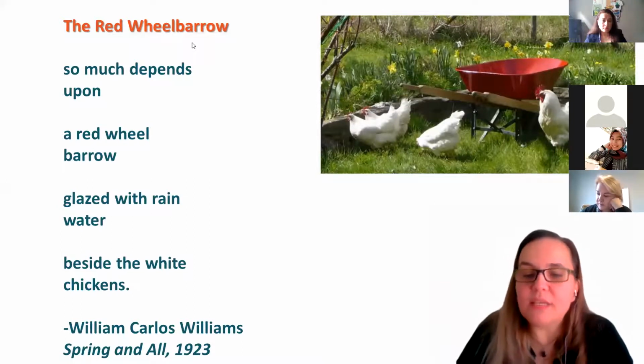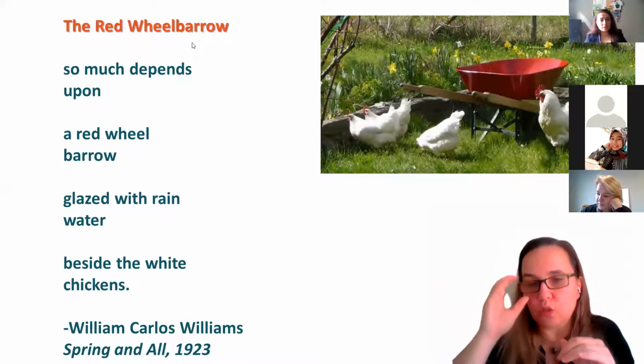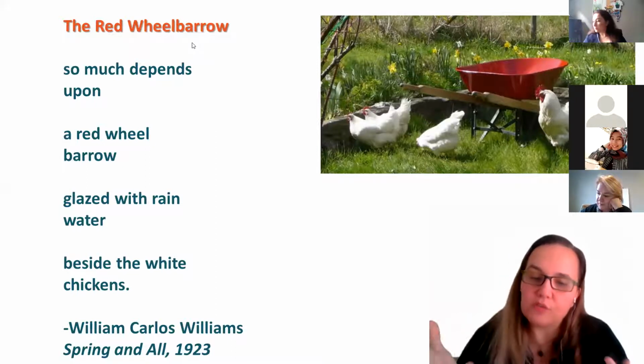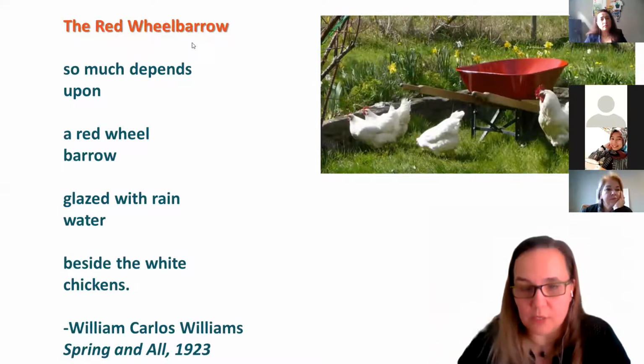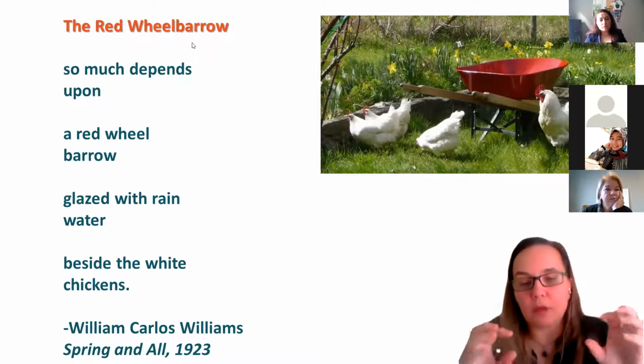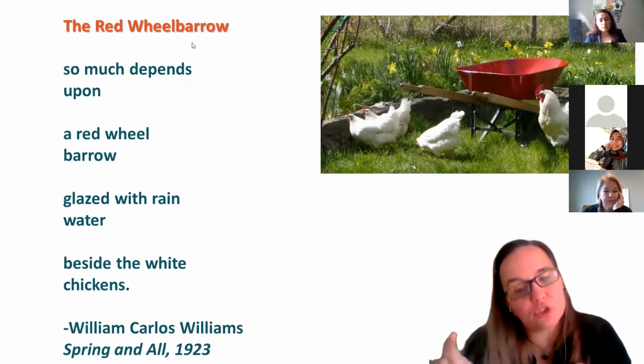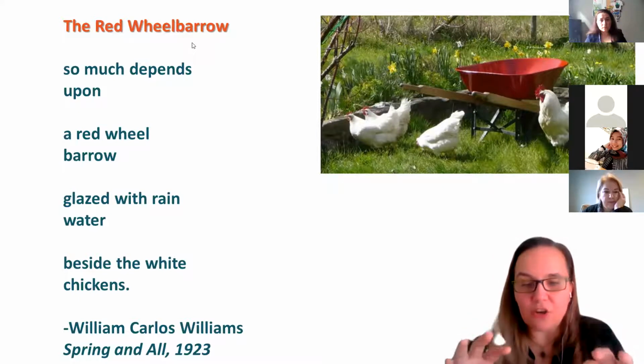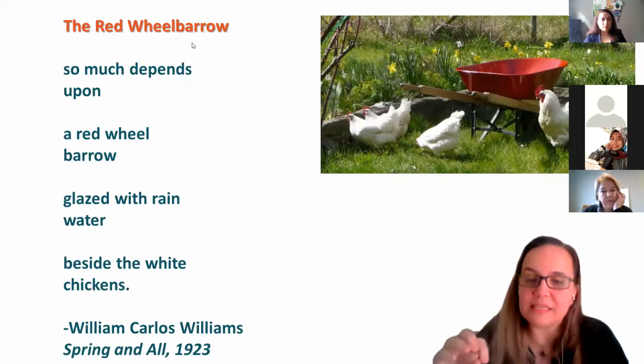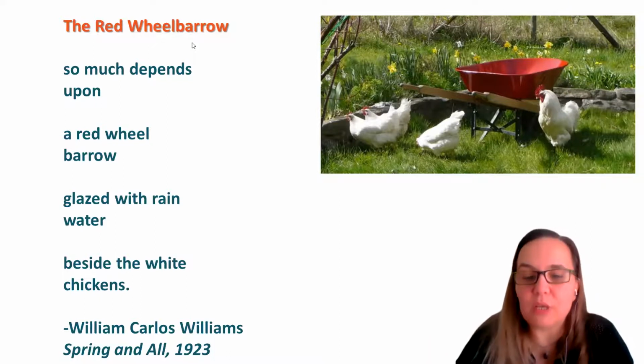At the beginning of the 20th century, William Carlos Williams, actually there was this new genre called imagism, and they wrote poetry with clear, simple words, sentences, and lots of images in it.